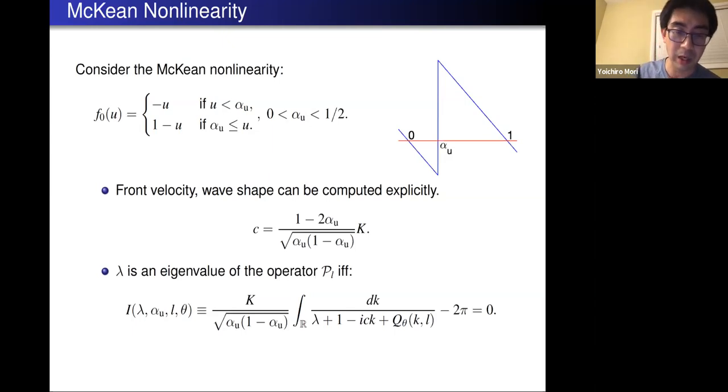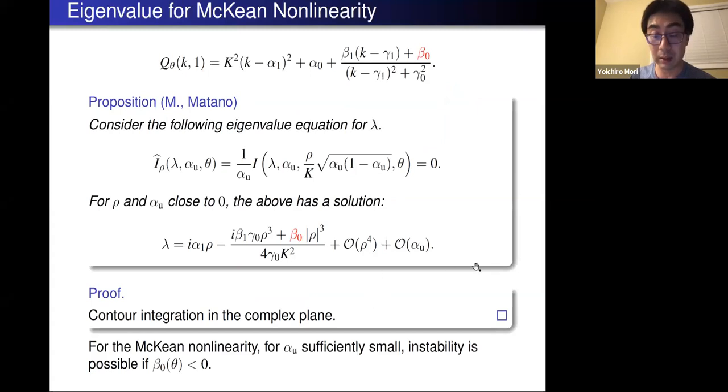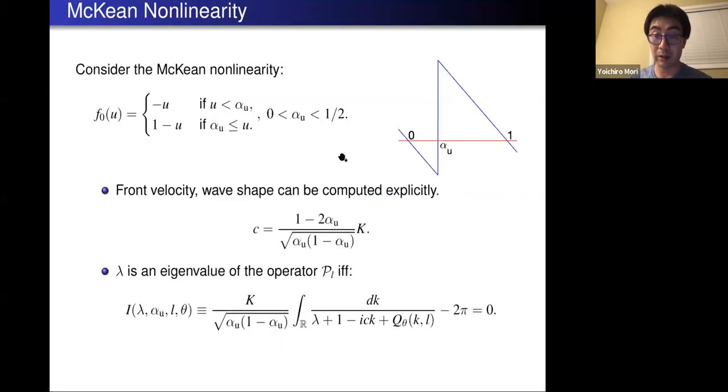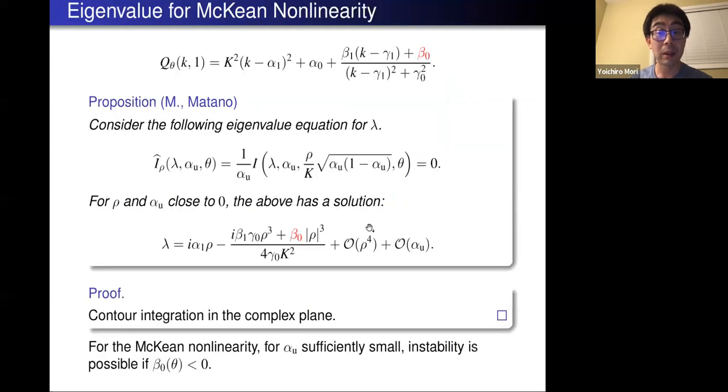Using this explicit expression, we can show that under certain conditions, when alpha u, that is to say the intermediate zero here, is very close to zero, then it is possible for lambda to have a positive real part as long as beta zero, not alpha zero here, but beta zero, is negative, as you can see here.